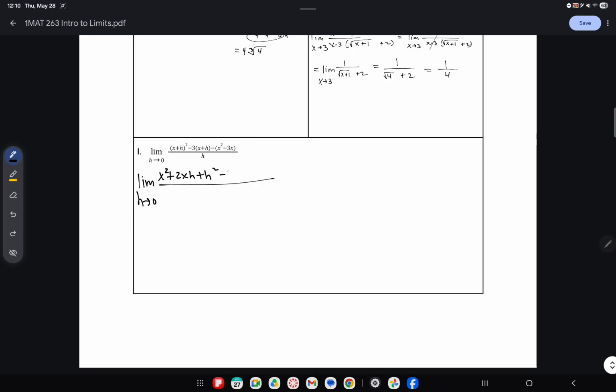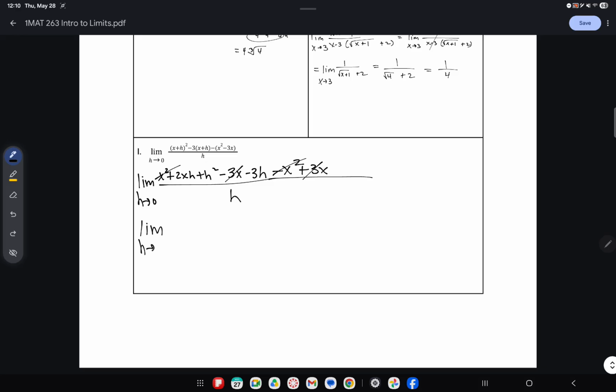Distribute that negative 3. So minus 3x minus 3h. And then I'll subtract x squared and add 3x. It's all over h. I think I'm going to have some terms that might cancel out. So I have x squared minus x squared, negative 3x plus 3x.